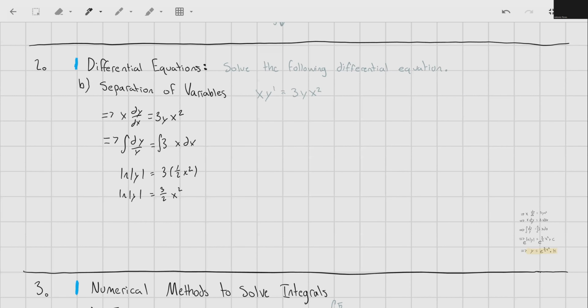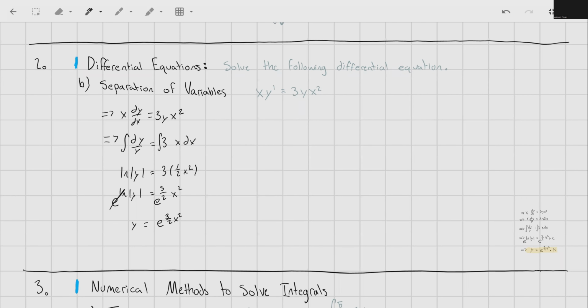To get rid of the natural log, to solve for y, we have to put an e here. E and natural log cancel out. So now it's just y equals e to the 3/2 x squared.